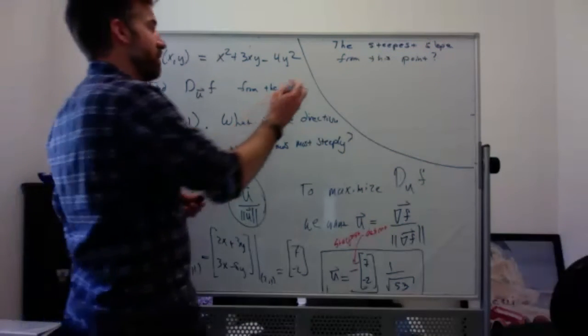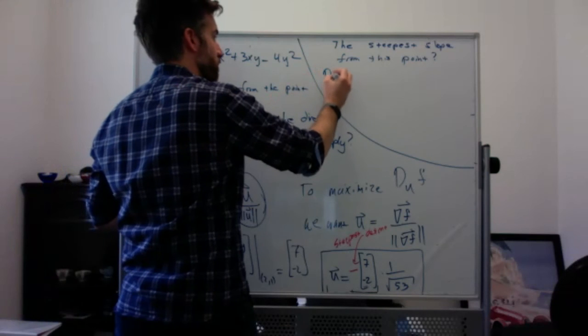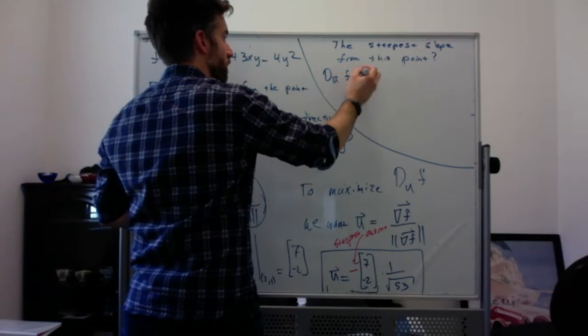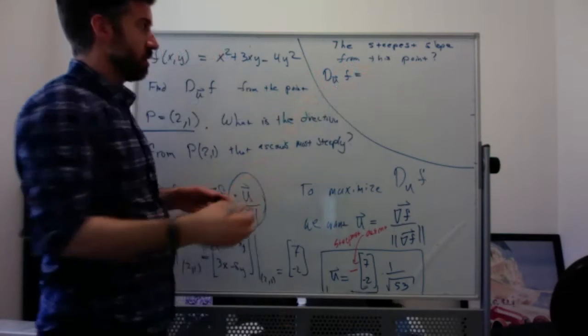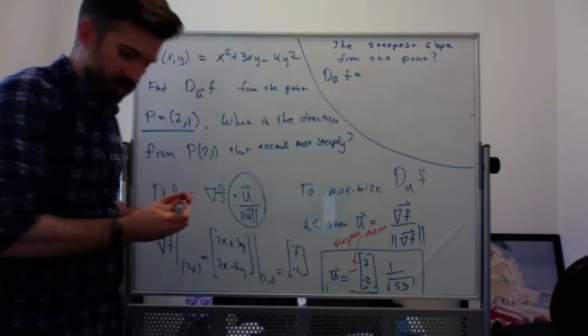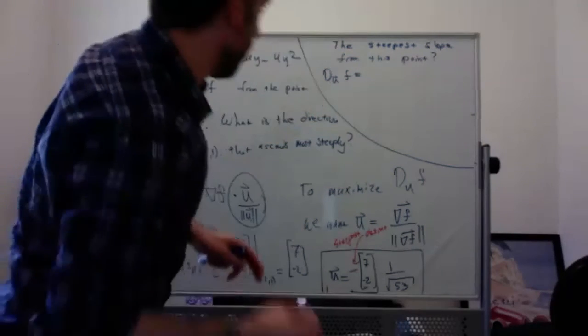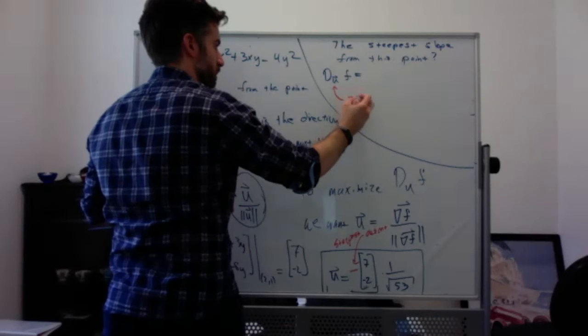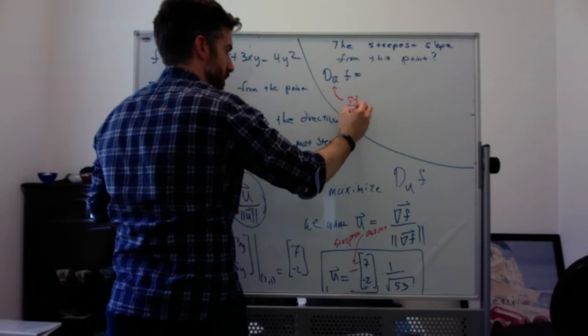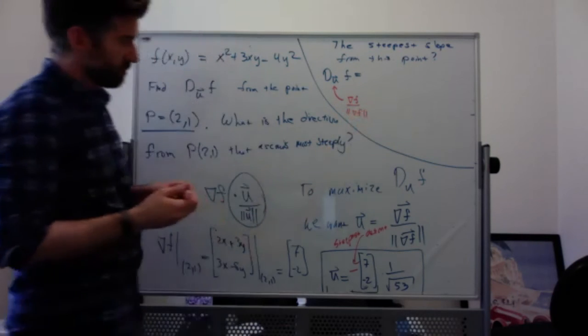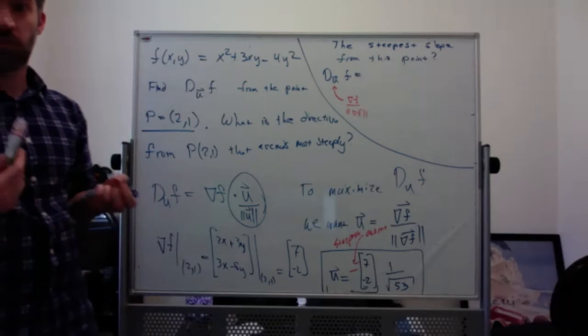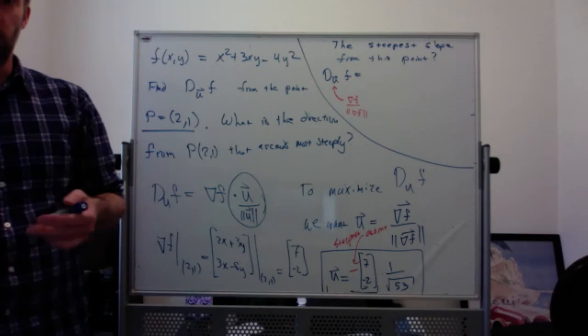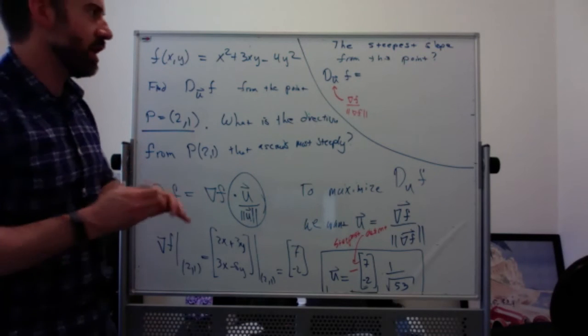So I'm going to try and find this directional derivative. It's actually going to be, well, my vector u there actually is the gradient vector, but normalized. That's what we get to use for u if you're finding the direction of steepest descent. So check this out.